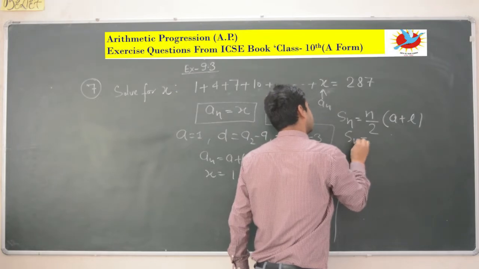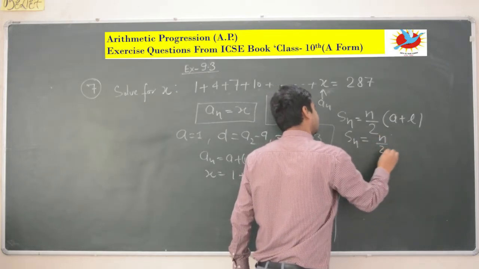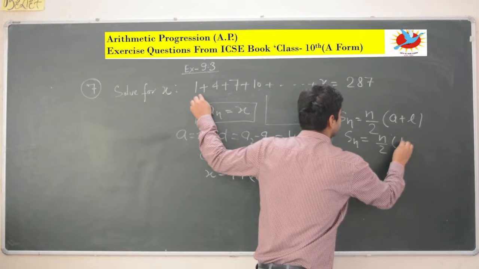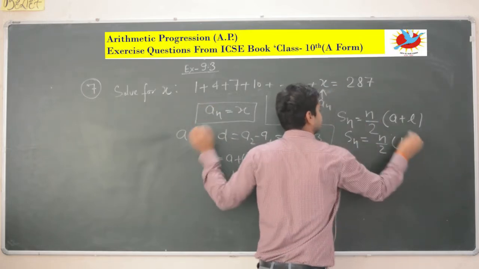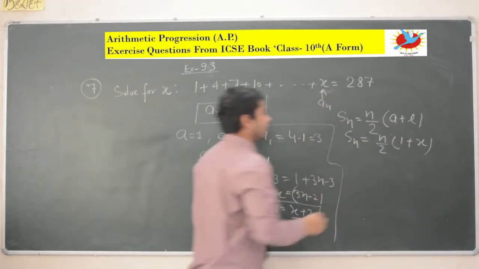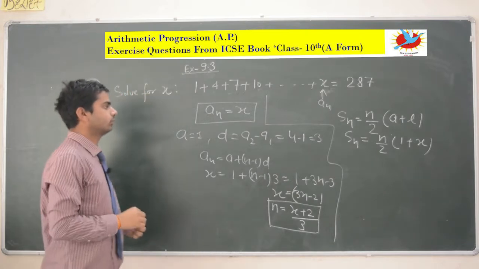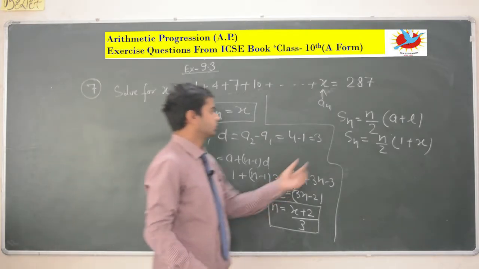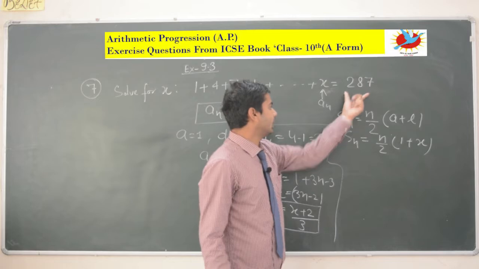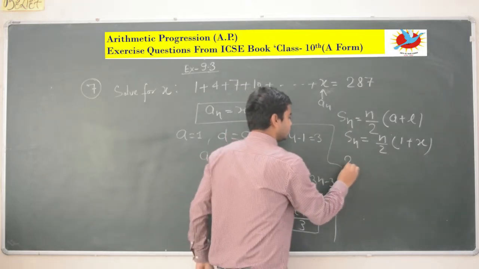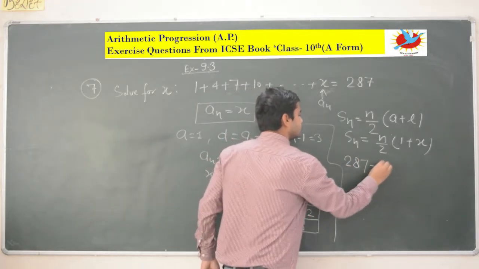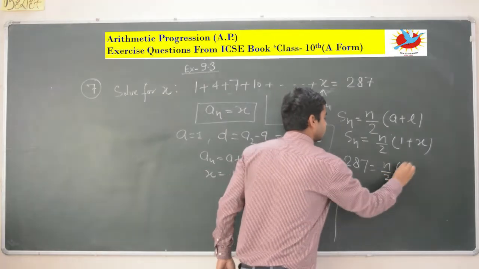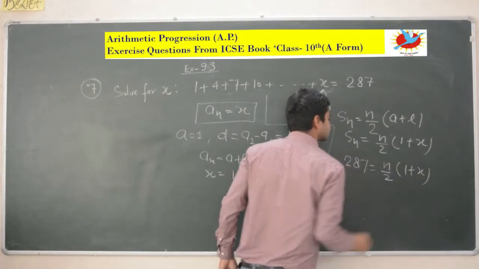So for this sequence, Sn will be equal to n by 2, a is 1 and the value of l here is x. So Sn will be equal to n by 2 into 1 plus x. Now we know the value of Sn here is 287. So put the value of Sn, 287, equal to n by 2 into 1 plus x.